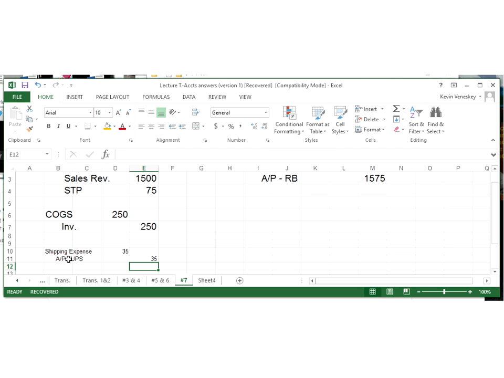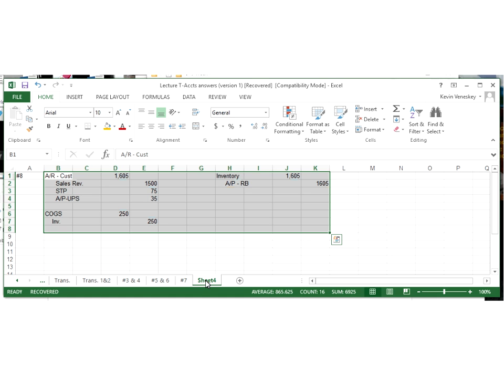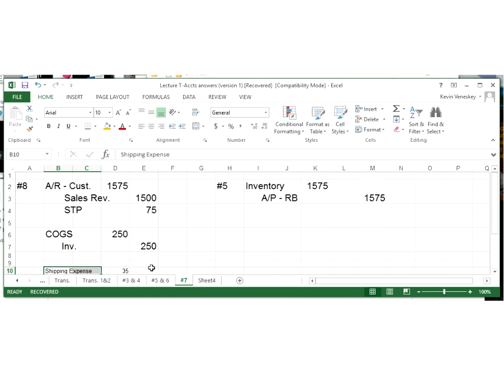It was still a $35 credit either way to UPS that I owe them money. It's just with FOB destination, I'm going to debit the shipping expense to show that it's my money that's being paid out, and I'm not getting it back. Whereas with the other one, the shipping expense actually went to the customer, added into their bill.